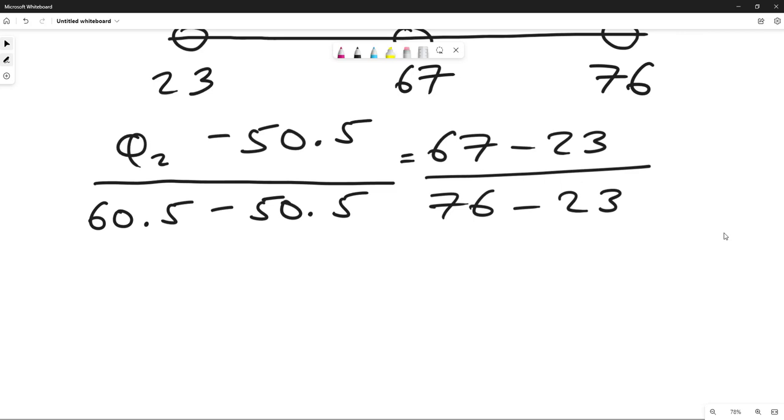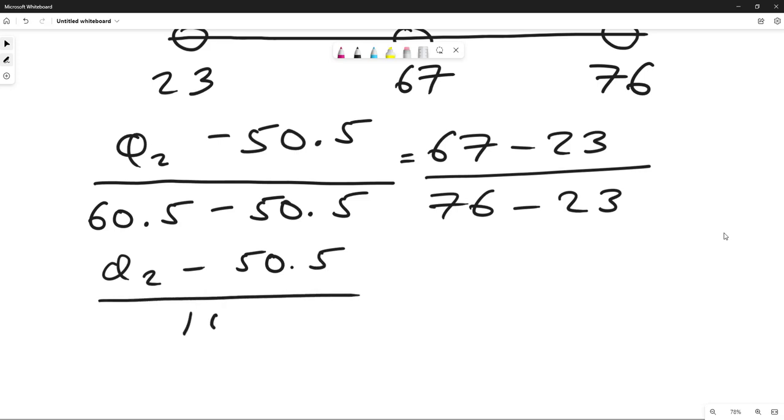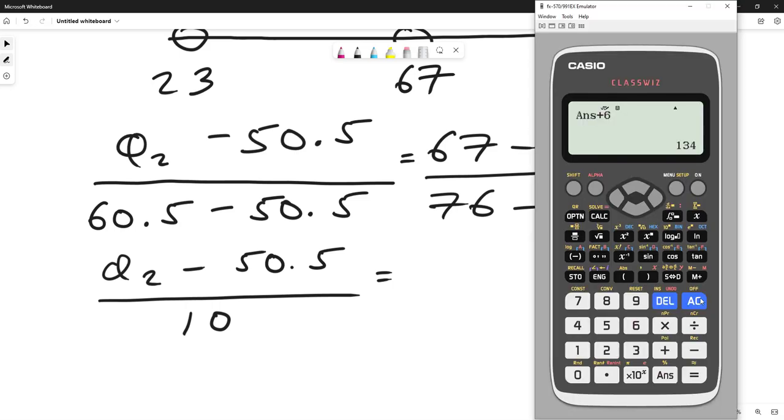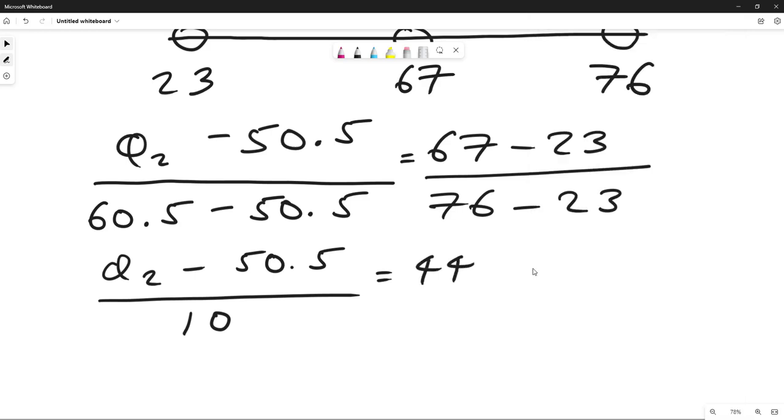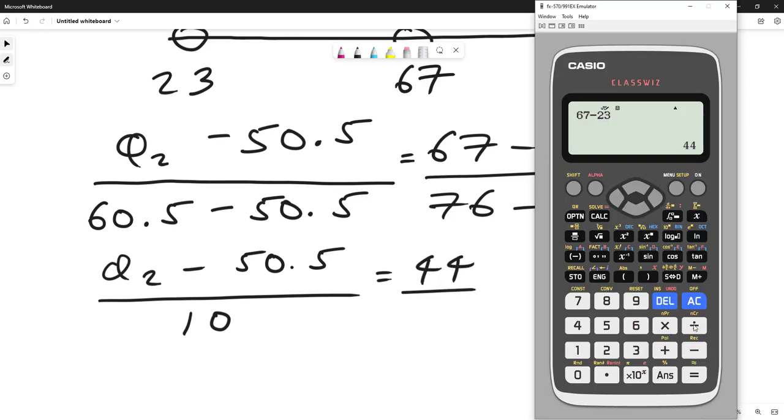So now we get Q2 minus 50.5 over 10, equals 67 minus 23, which gives you 44, over 76 minus 23, which gives me 53.